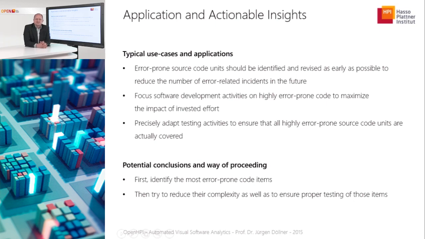Potential conclusions and ways of proceeding mean, first, we have to identify the most error-prone code items in our software landscape, and then we should try to reduce their complexity, as well as ensure proper testing of those items. So at this point, one remark: this is where predictive and even prescriptive software analytics comes in.